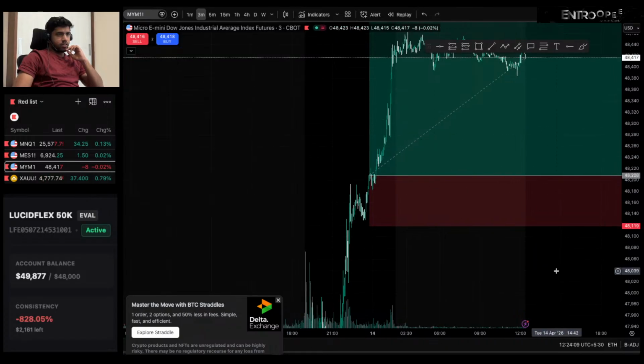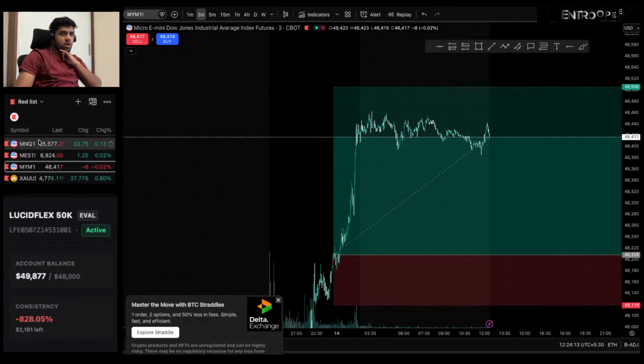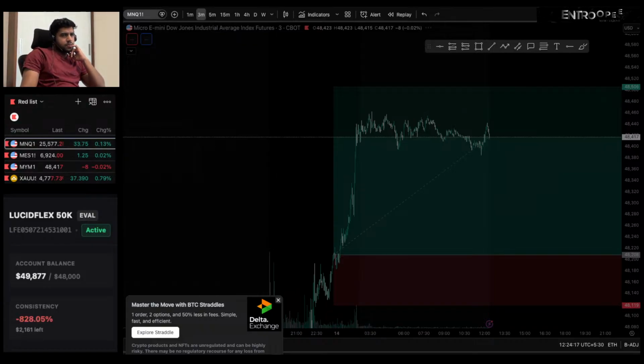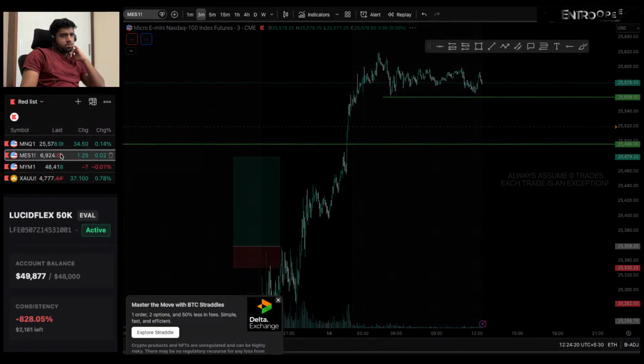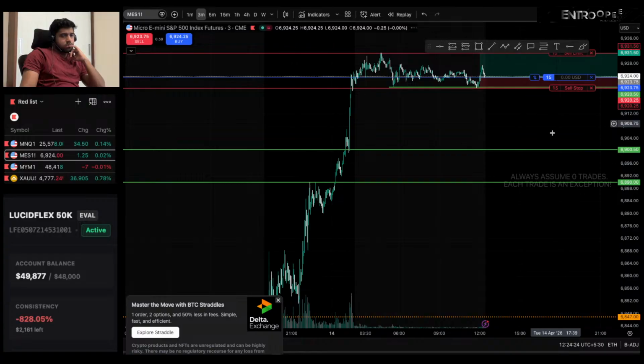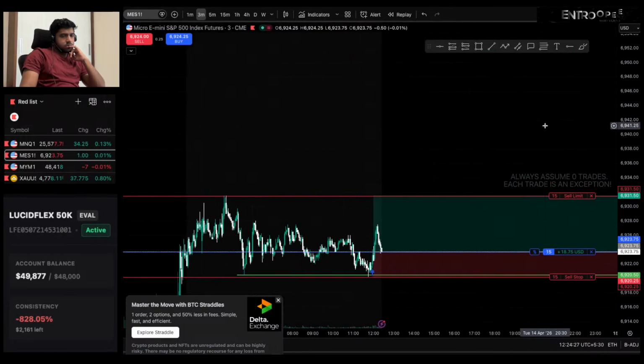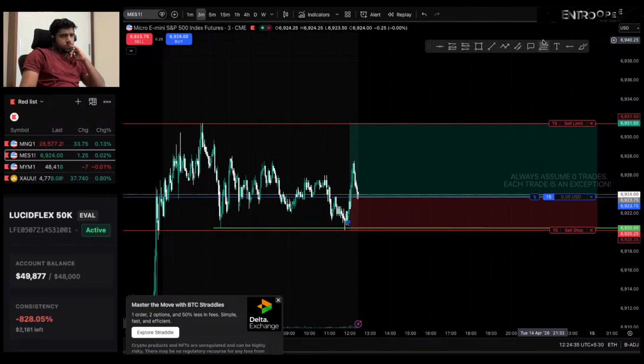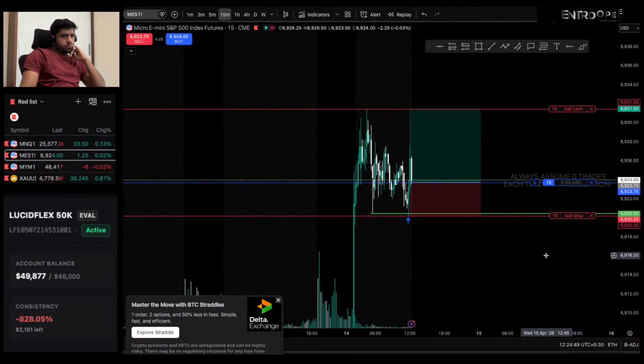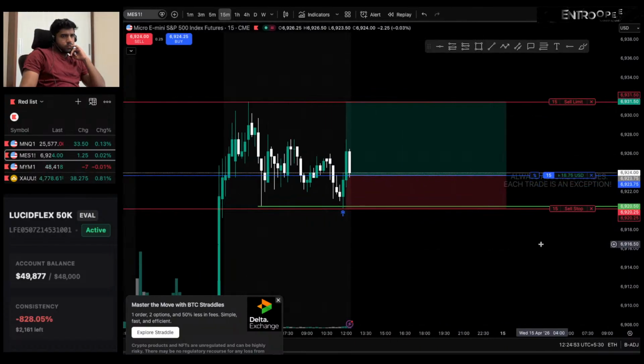This was just a paper trade that I marked on YM. If there was enough liquidity to the upside, we should have seen an immediate reversal at these areas, but it's not happening.